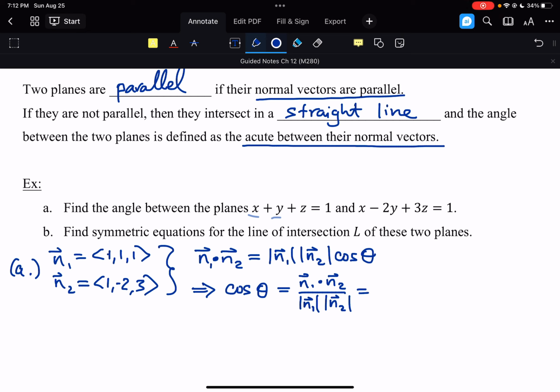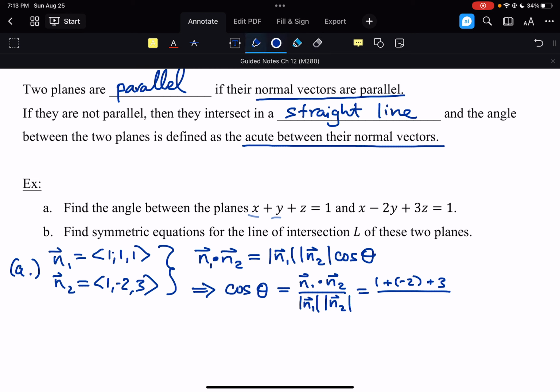Take the dot of these, you get 1 plus negative 2 plus 3. So 1 plus negative 2 plus 3 over, remember how to find the length of a vector? You take the square root of the sum of the components squared, like that.